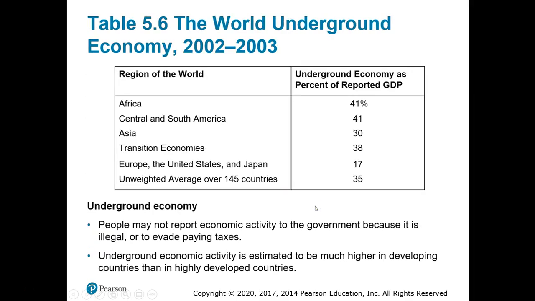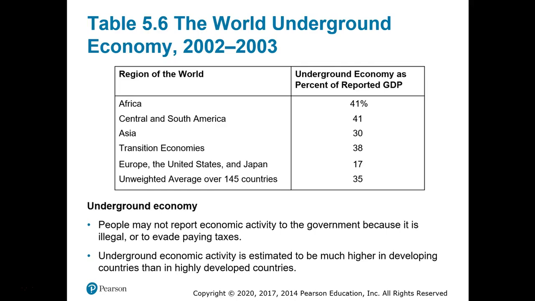If we were to compare it to other countries, because of the underground economy: Central America and South America have a 41% underground black market, drug market, underground economy. Asia, 30%. Europe, the United States, and Japan are only 17%.